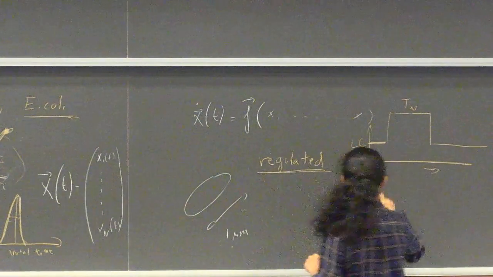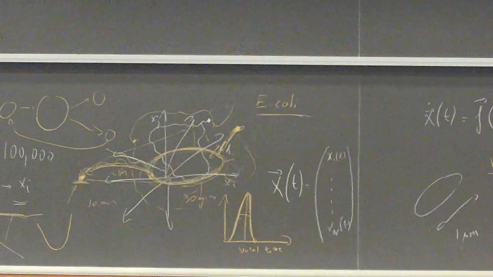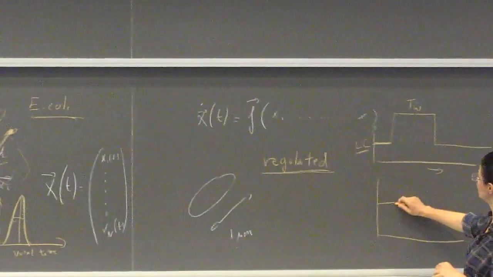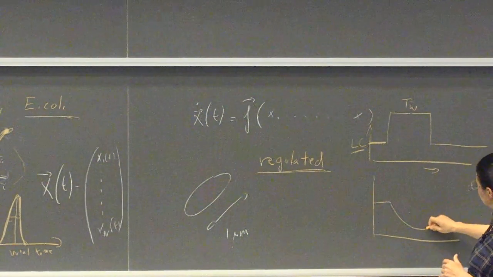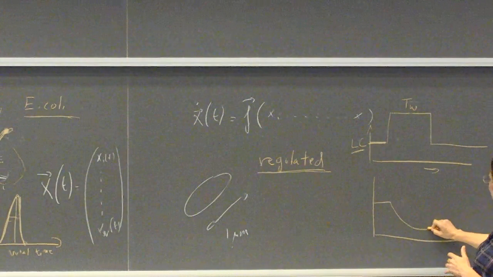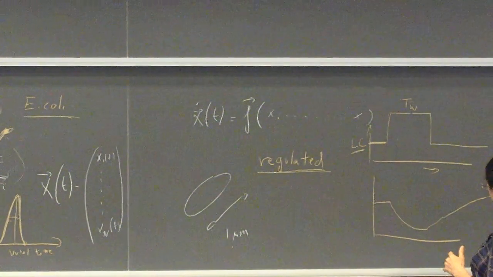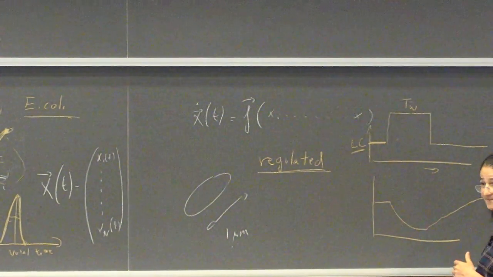And when we do that, initially it is very perturbed, so everything goes down, and then eventually we take it off, and then it relaxes back to its initial value.